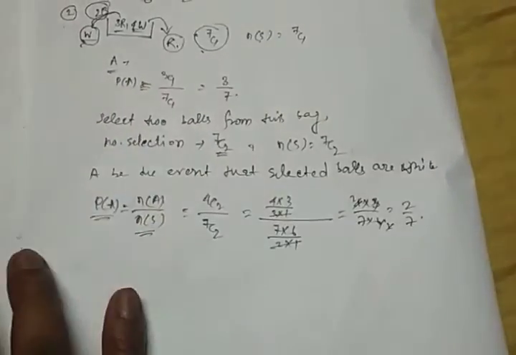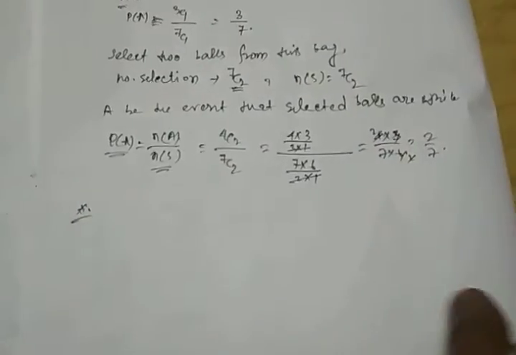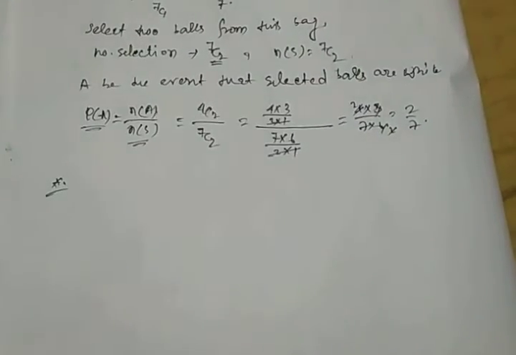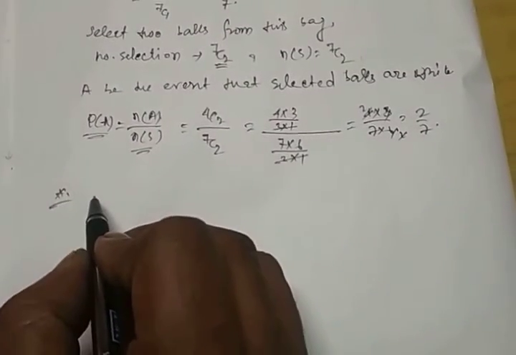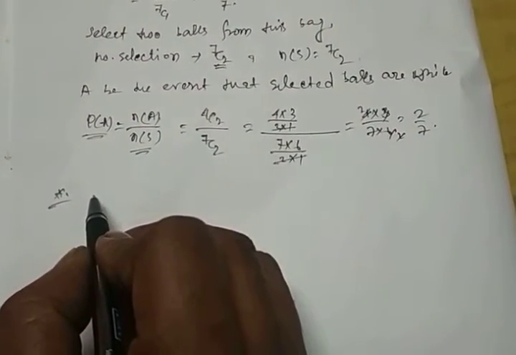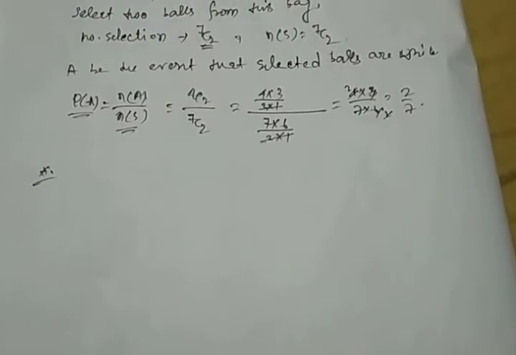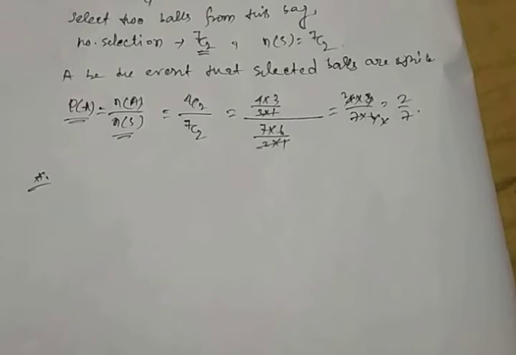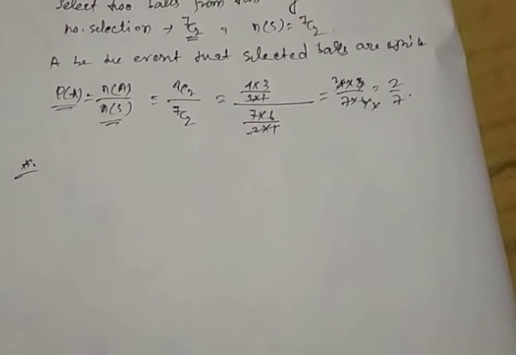So this is an example also. Let's take another example. The experiment: find the probability of getting a total of 8 on throwing two dice simultaneously.